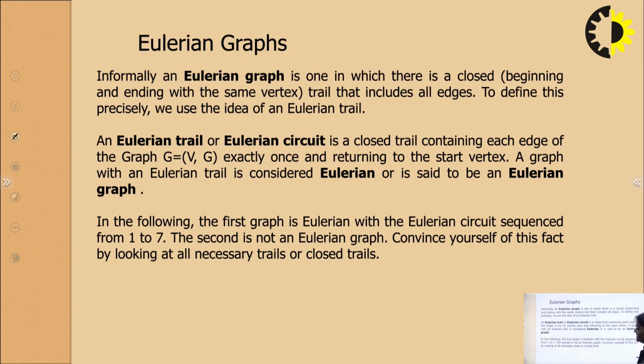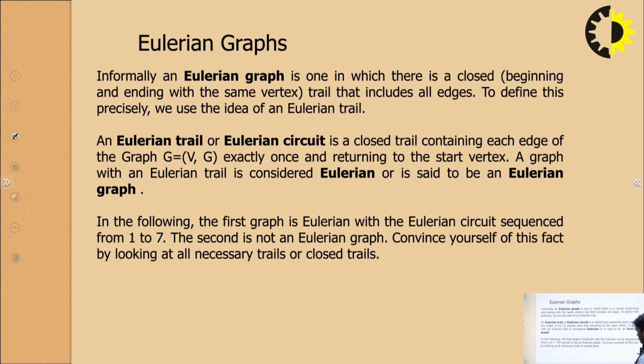Here an Eulerian trail or Eulerian circuit is a closed trail containing each edge of graph G exactly once and returning to the start vertex. A graph with an Euler trail is considered Eulerian, or is said to be an Eulerian graph.